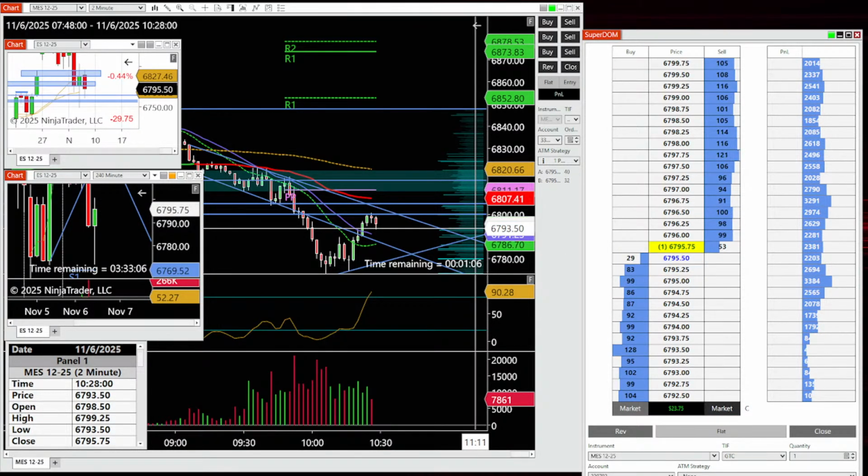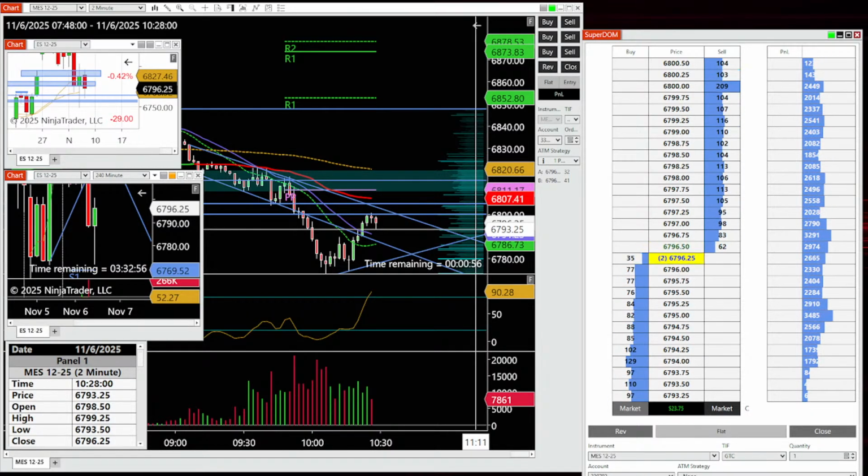Don't want this just to be a minor pullback for another run up. The 15-minute bar opens up in 3 minutes.